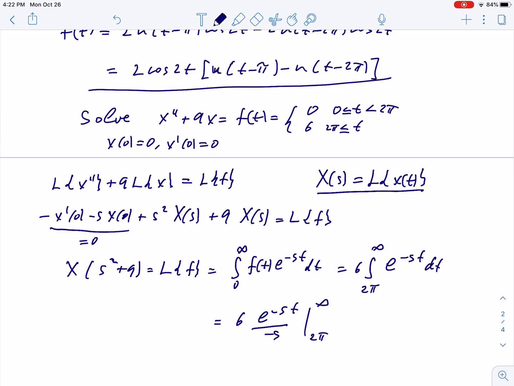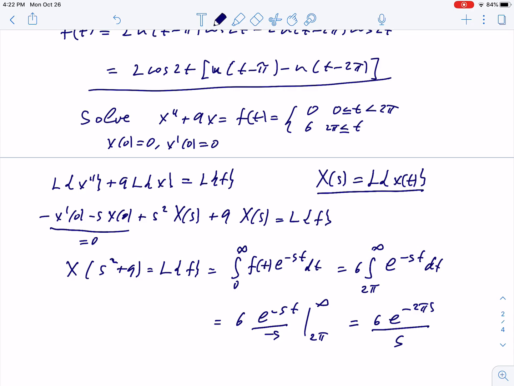So minus the value at 2 pi, with 2 negatives becomes plus. This will be 6 exponential negative 2 pi s over s. That's the Laplace transform of f.